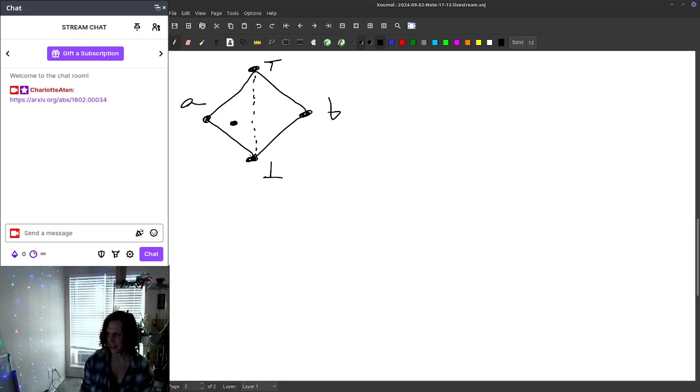And then if we look at a point over here, we could think about that point as, for instance, if it was right in the middle, it would be 1/3 A, 1/3 top, and 1/3 bottom.